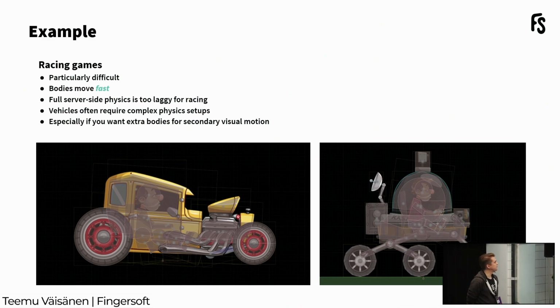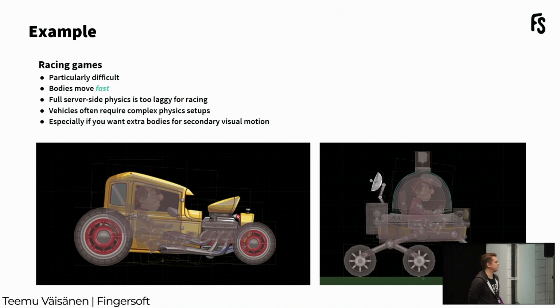And often vehicles are quite complex to set up. You have bodies, and the bodies are connected together with quite complex joint systems, for example springs, and maybe you have some secondary motion on the vehicle. There can be lots of stuff happening even if you have a 2D game like these examples.